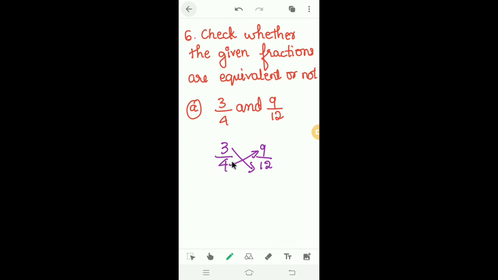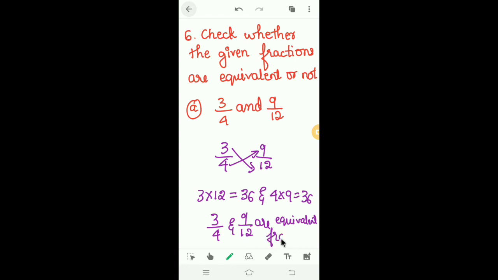If the products are the same, then the fractions are equivalent. 3 twelves are 36, 4 nines are 36. Since the answer is 36 in both the cases, 3 by 4 and 9 by 12 are equivalent fractions.